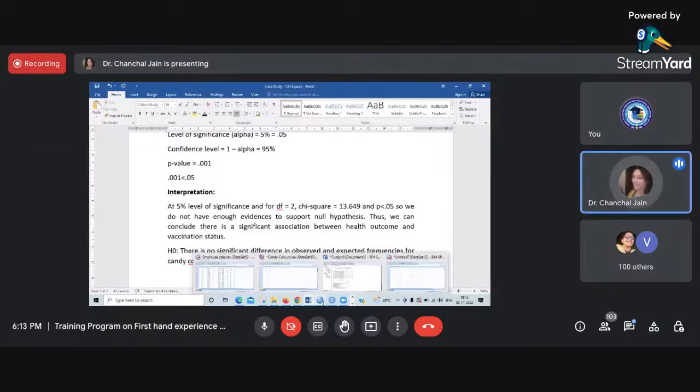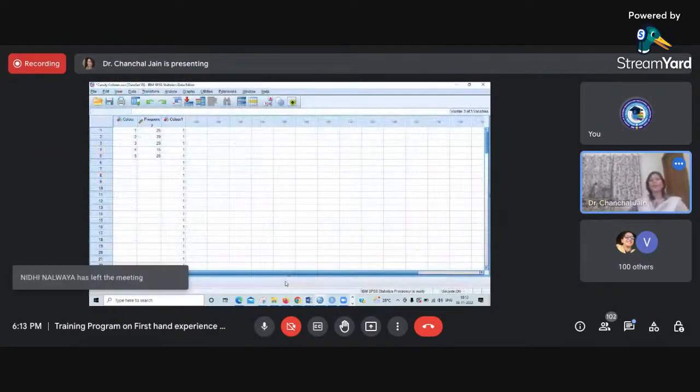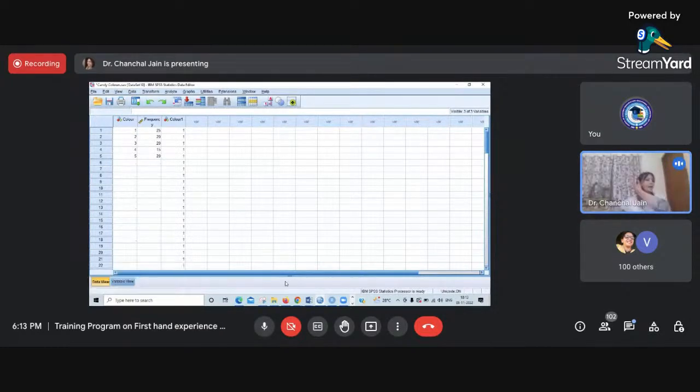So now I am moving to the SPSS file. Now you can see here we have three columns. First two I have clearly explained to you. This is the color 1, 2, 3, 4, 5, and these are the frequencies of the color. One more way of writing this data you can see I have written here, because 1 is 25 times, 2 is 20 times.